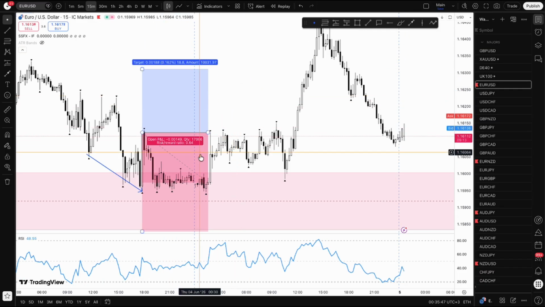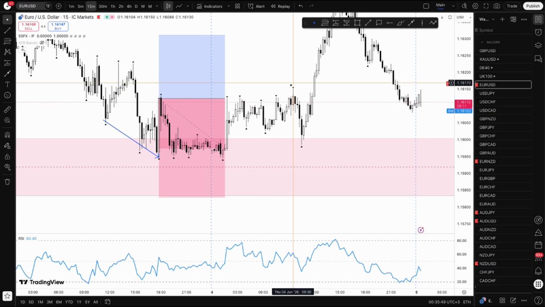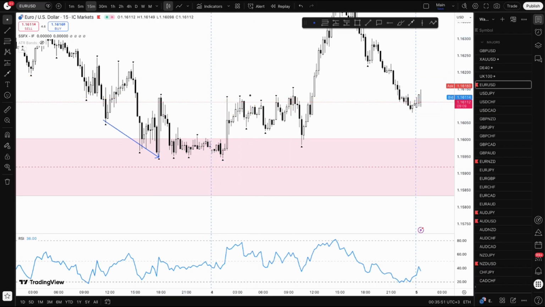The market didn't really get there, and then it gave us another signal. If you check out these lows, this low is actually lower than that one. So this is essentially the exaggerated divergence that I covered in the previous video. The market sticks at some point, but if you look at the RSI, it's doing something very interesting.